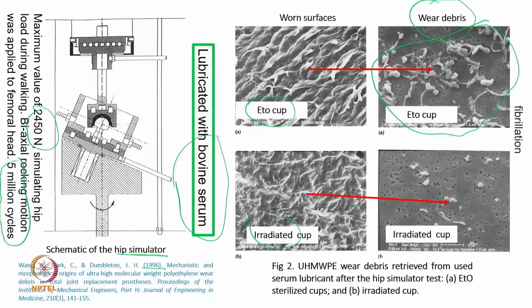In the first case particularly I am able to see more debris, but the author says that these are not debris, it is fibrillation, the word they are using, which may be required to reduce the wear rate, while in the case of radiation we find a number of voids on the surface, which are not very good, particularly for the hip simulator. So, they mentioned that in this case the wear rate will be much higher, and in the other case the wear rate will be lesser.